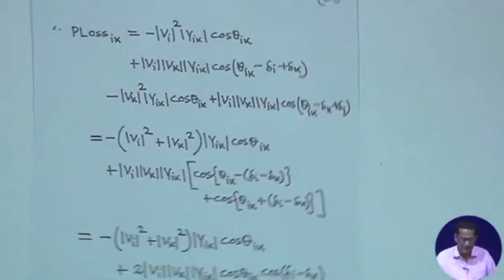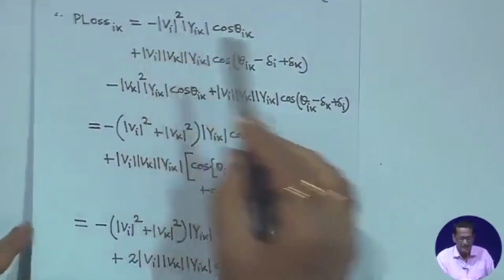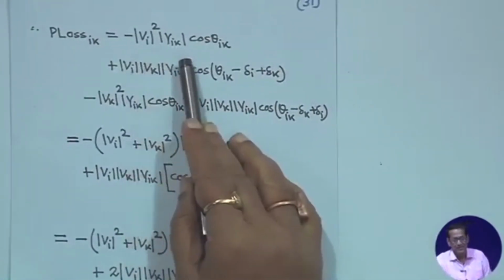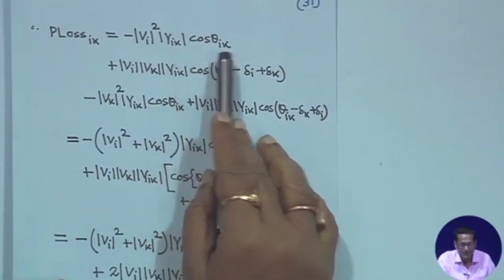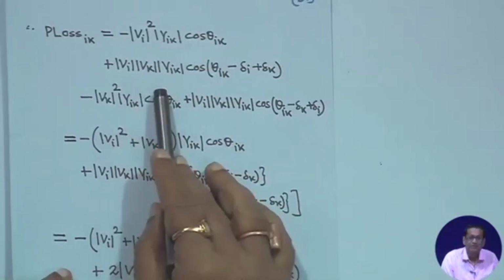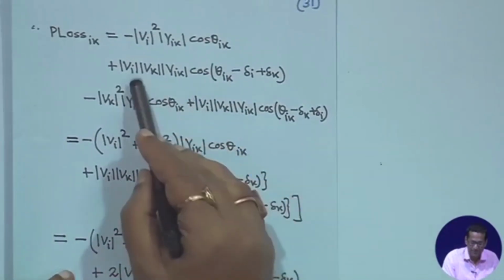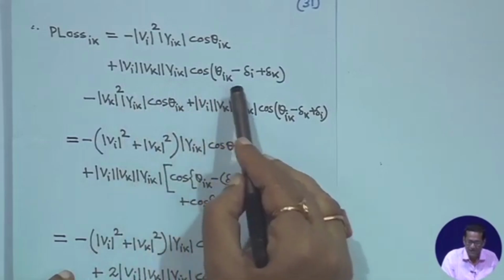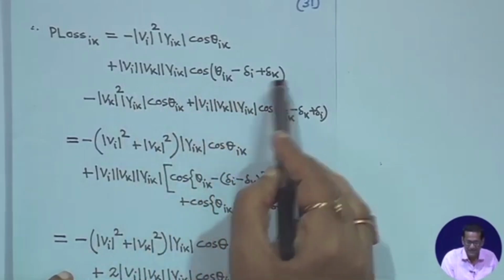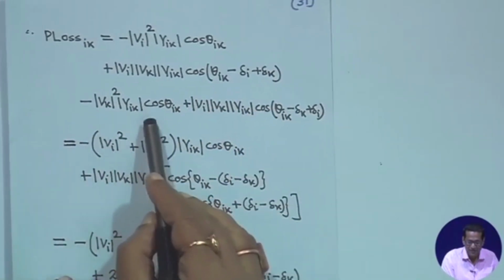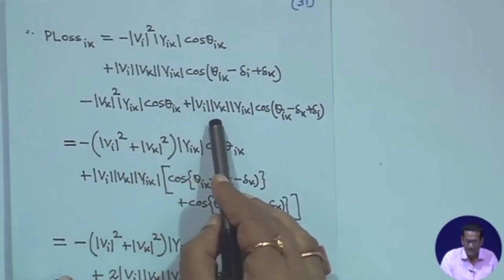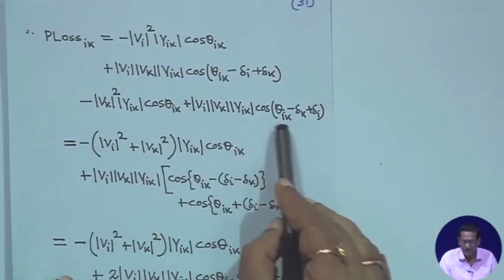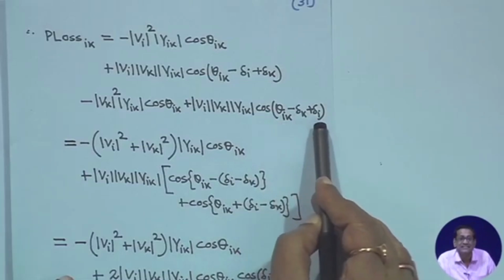If you add these two, the P_loss ik expression will become minus magnitude V_i squared magnitude Y_ik cos theta_ik, minus magnitude V_i V_k Y_ik cos(theta_ik minus delta_i plus delta_k), minus V_k squared Y_ik cos theta_ik, plus V_i V_k Y_ik cos(theta_ik minus delta_k plus delta_i).